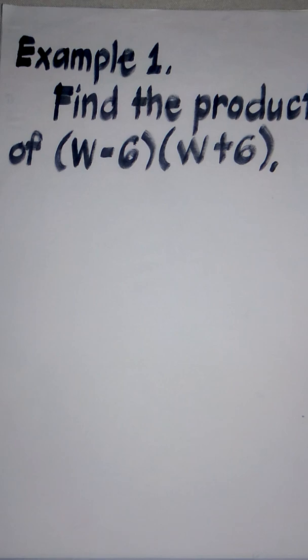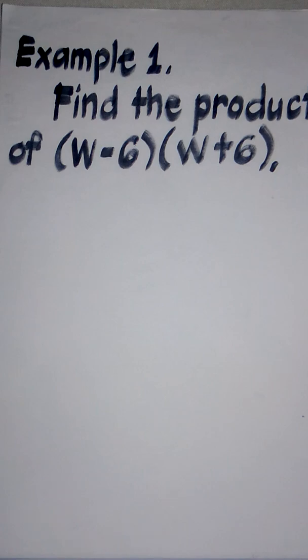So how do we get the product? When we say product, we have to multiply. In your grade 7 lessons or the past lessons, you can use the FOIL method for this kind of equation, and you can get the right answer by using the FOIL method.